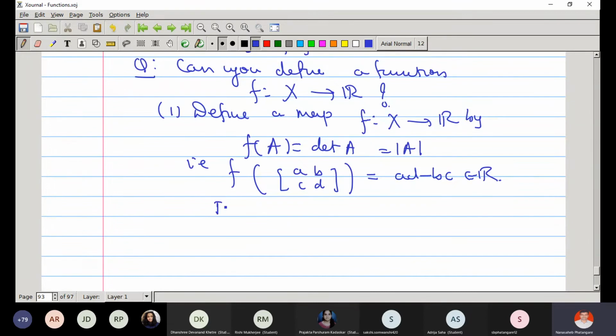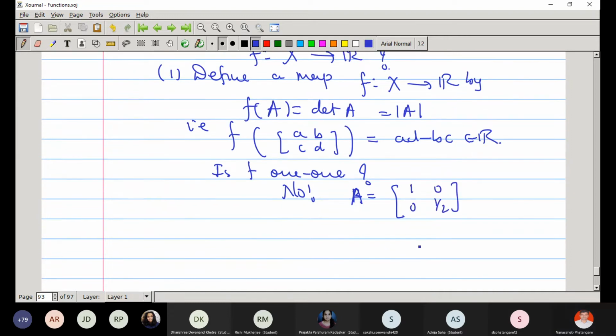But I would like to ask, is f one-one? No. Why? Because you can find two matrices, for example A equal to 1, 0, 0, 1 by 2, and another matrix B equal to 1 by 2, 0, 0, 1.